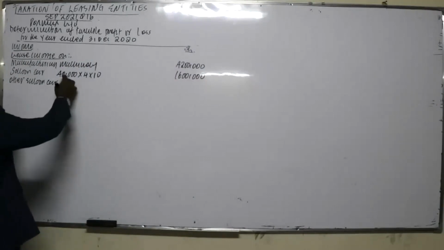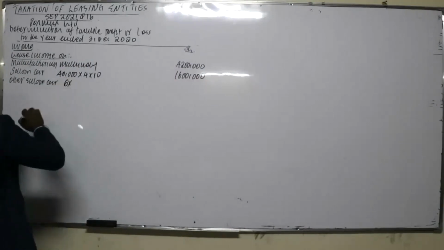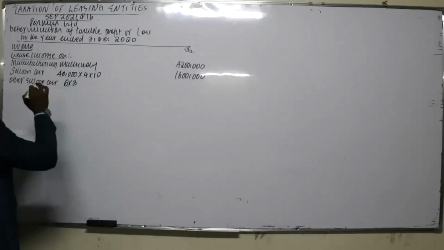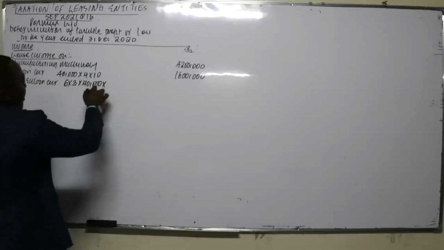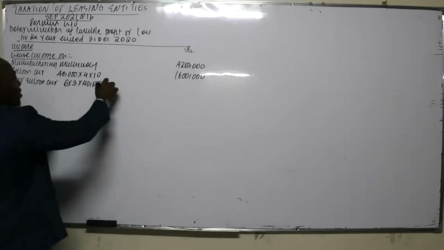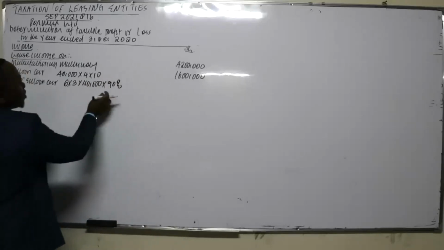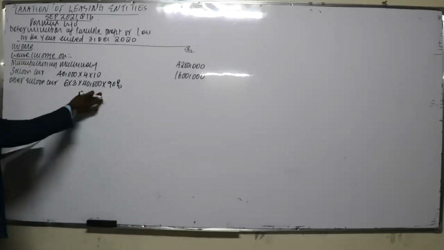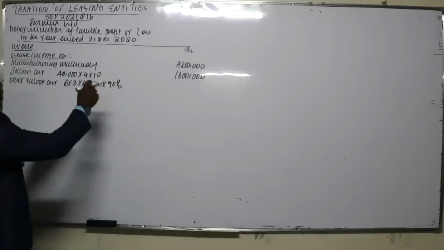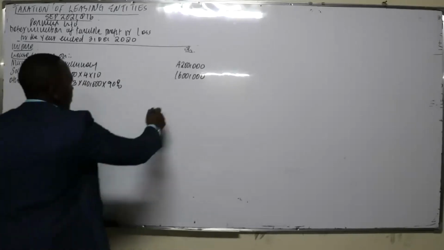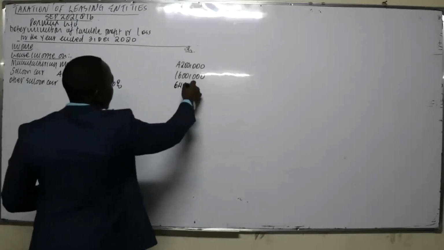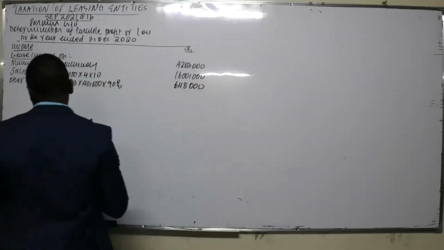So it's 6 for 3 months, right? Times 40 each, but now they were given a discount of how much? 10. They'll only pay 90%. So in short, it's 90% of 40,000. Get how much they will be paying for 3 months for 6 Saron car. Okay? 648,000.